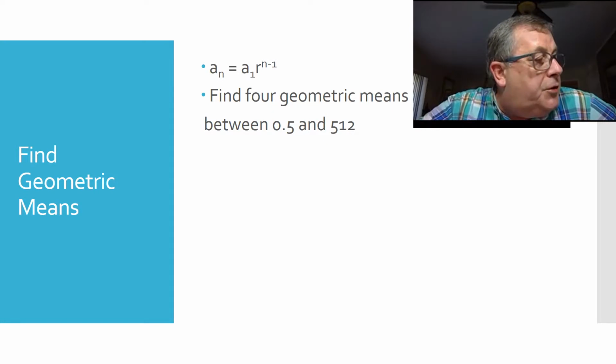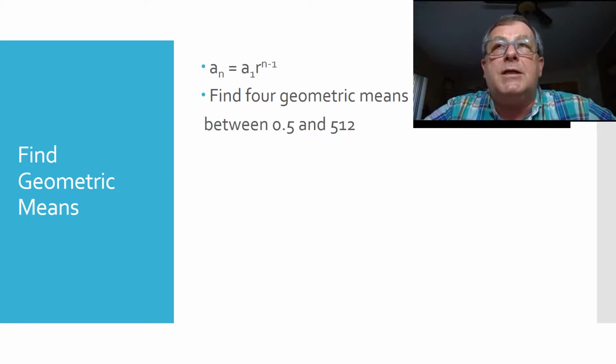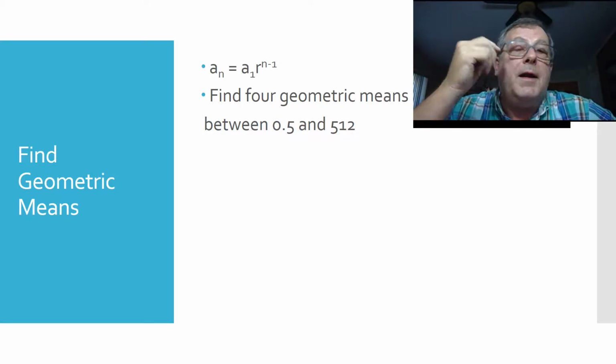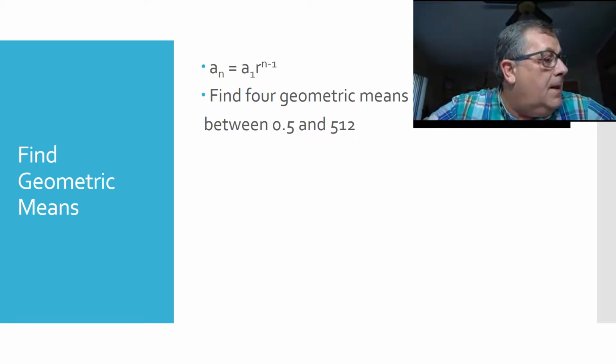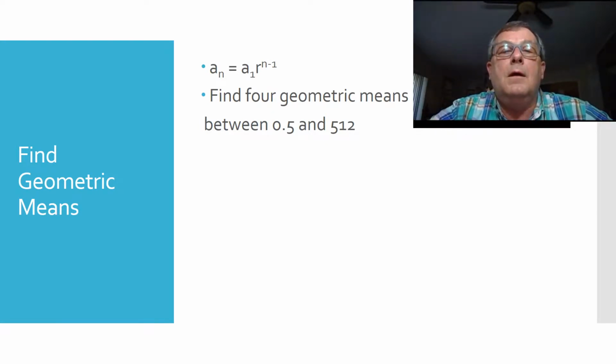Okay, we're now moving to finding geometric means. And again, this has a lot of similarities to what we did in the previous chapter section when we found arithmetic means. Because like arithmetic means, geometric means are terms that lie between two non-consecutive numbers in a geometric sequence.